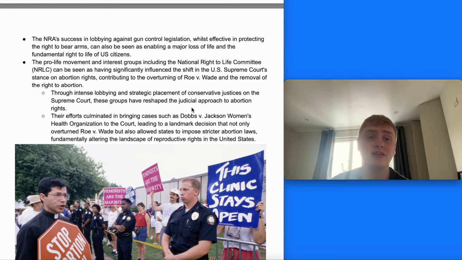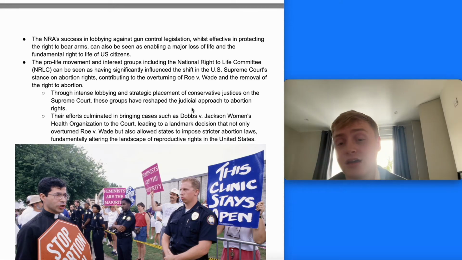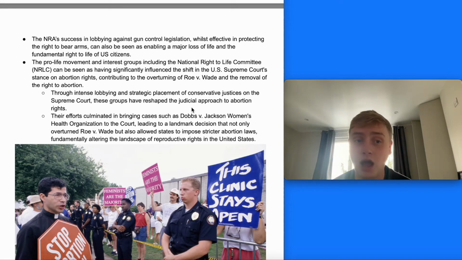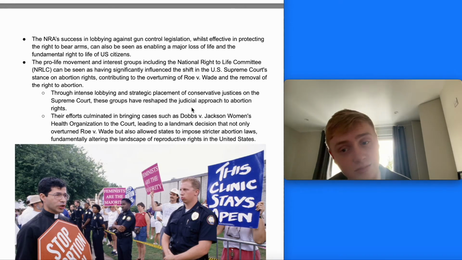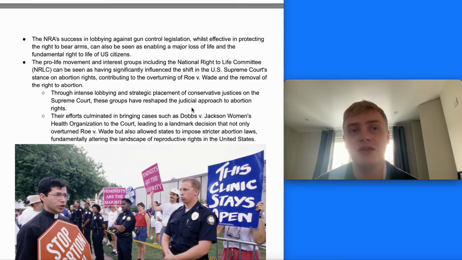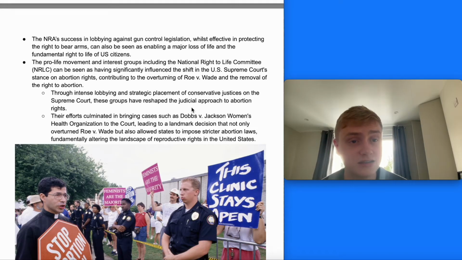The NRA's success in lobbying against gun control, whilst effective in protecting the right to bear arms, can also be seen as facilitating major loss of life and undermining the fundamental right to life of US citizens, in particular due to its facilitation of school shootings. And the pro-life movement and interest groups, including the National Right to Life Committee, can be seen as having significantly influenced a shift in the US Supreme Court stance on abortion rights, contributing to the overturning of Roe v.